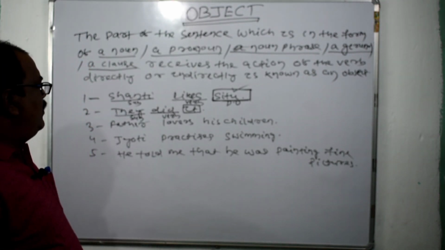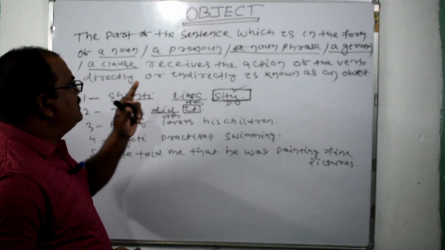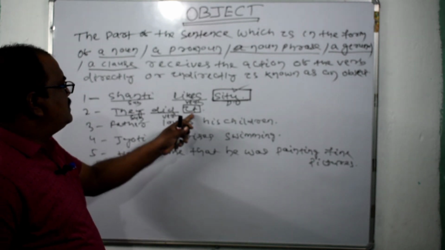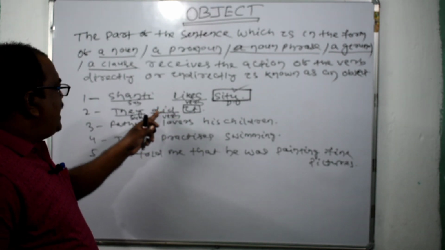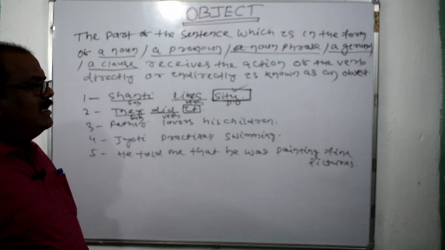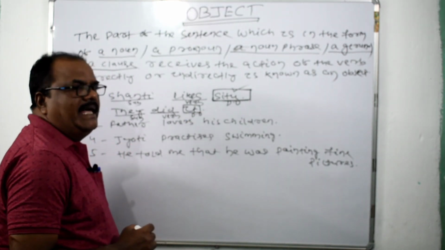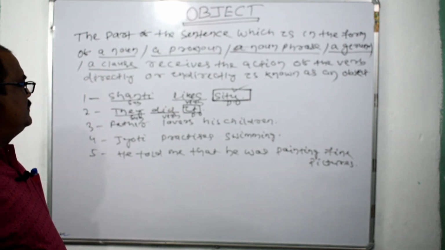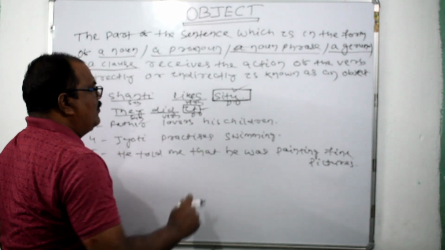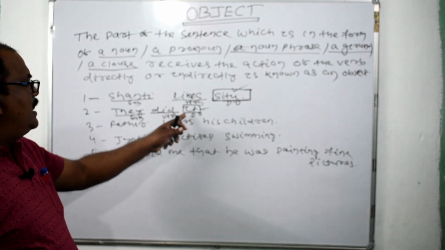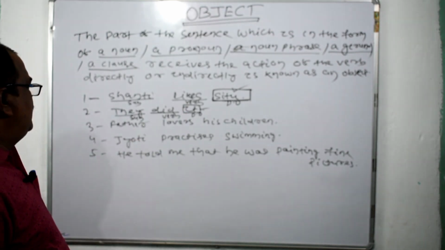Therefore, this part of the sentence receives the action of the verb did directly. Therefore, it is also a direct object. So here, a pronoun is used as an object.